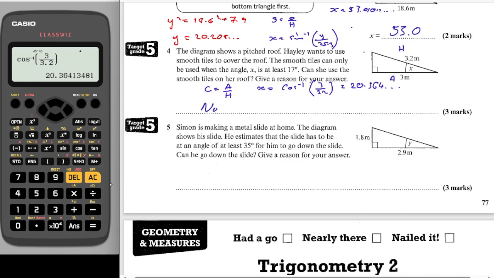No, as 20.4 degrees is greater than 17 degrees. And I've misread this: when the angle X is at least 17. So that should be yes, as 20.4 is greater than 17.